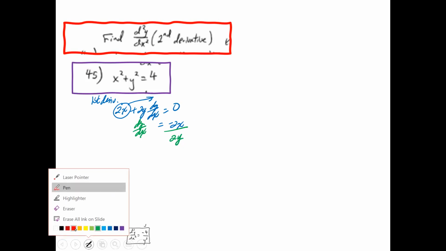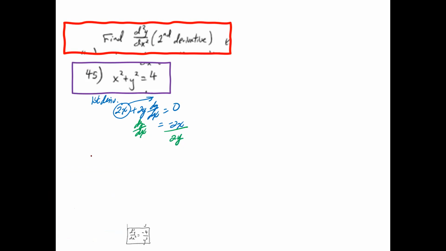But I'm not done yet because this right here is dy over dx. Now I want to find d squared y over dx squared because I want to do this twice. As I look at this, there is no way for me to avoid the quotient rule. So I will have to do it, unfortunately.